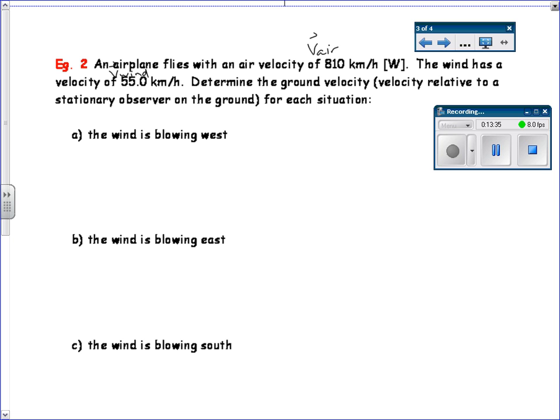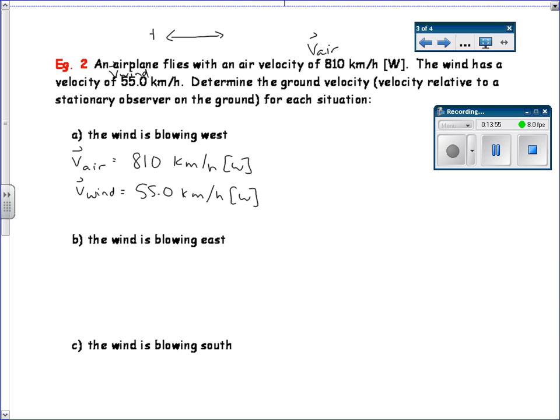So if the wind is blowing west, the velocity of the air is 810 kilometers per hour west, and the velocity of the wind is 55.0 kilometers per hour west.